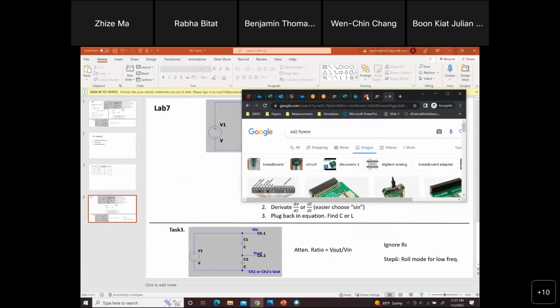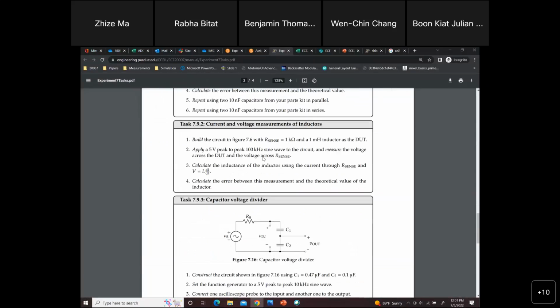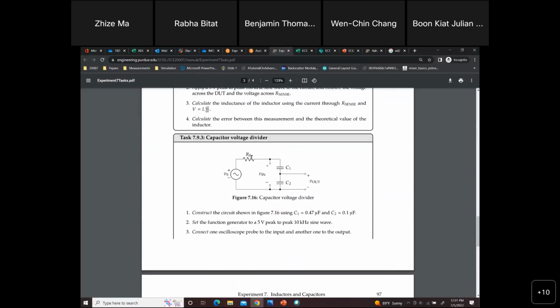Okay, there are a couple of questions. The first one is, what's the RS in figure 7.6? I forgot to mention that. Let me share my screen. Good question. If you check the circuit right here, there is RS.